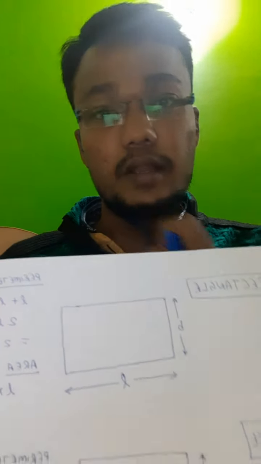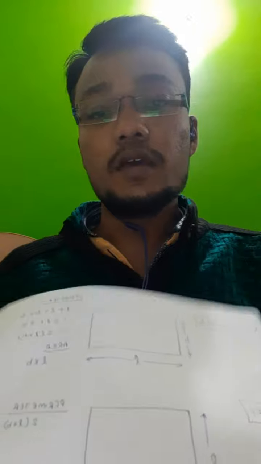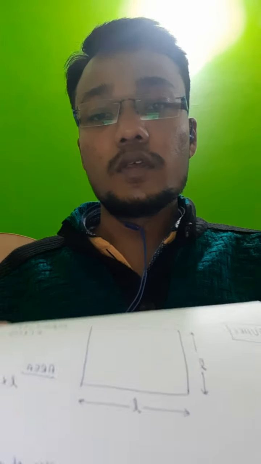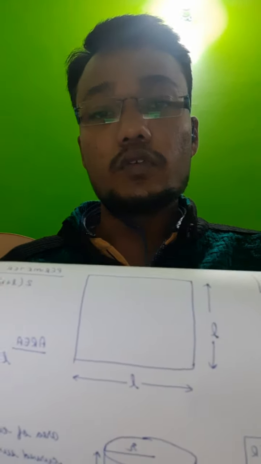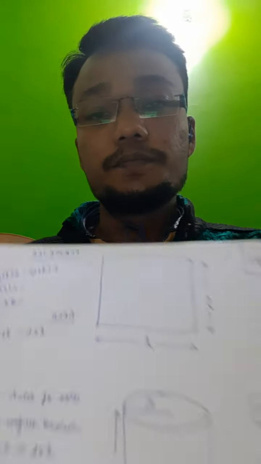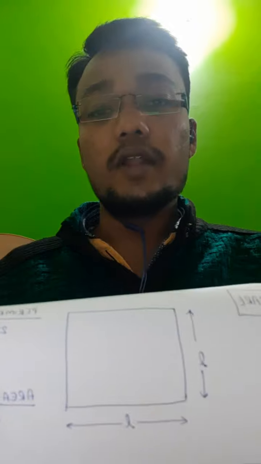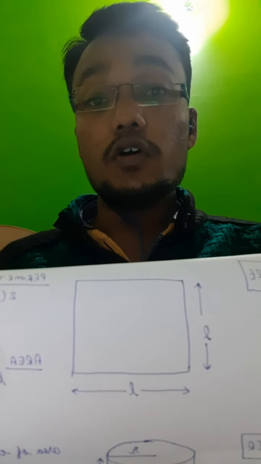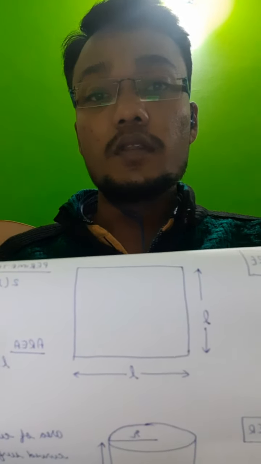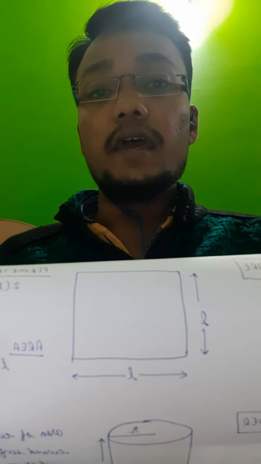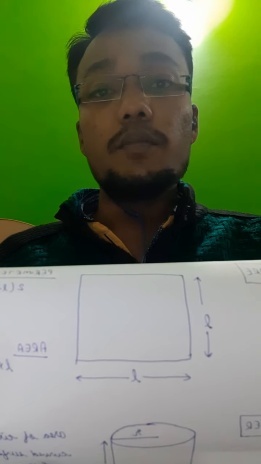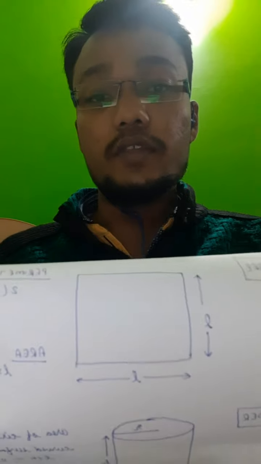Coming to the second type of quadrilateral, we have the square. The square is a special type of quadrilateral in which all its sides are equal. In a rectangle we have the opposite sides equal, but in the square we have all the sides equal.